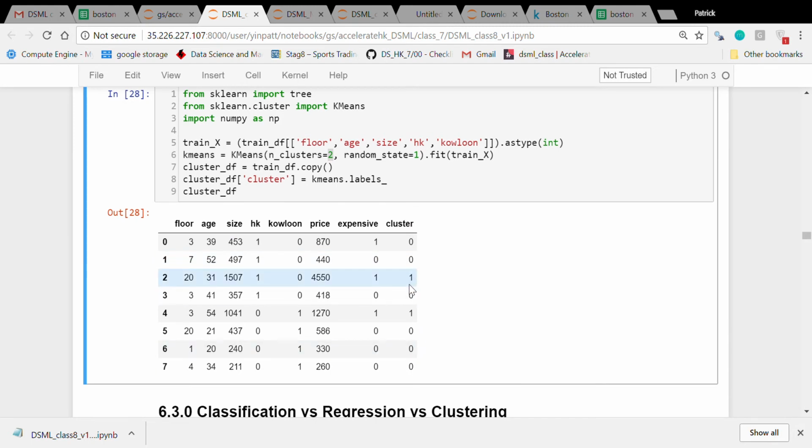It successfully figured out these 2 columns are very different from the rest. But it didn't classify the first column correctly because the price is like 870, and it is sort of on a boundary. So the model classified it incorrectly.